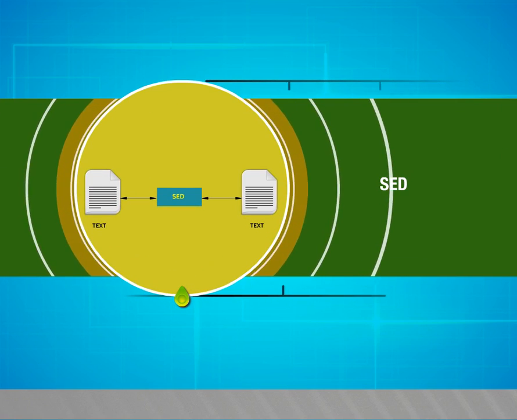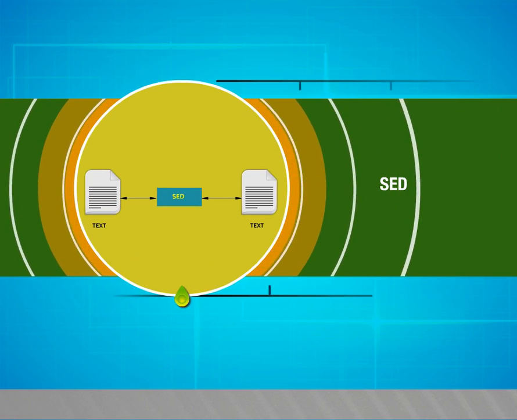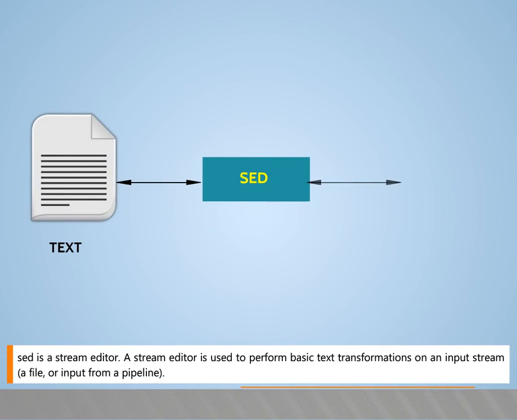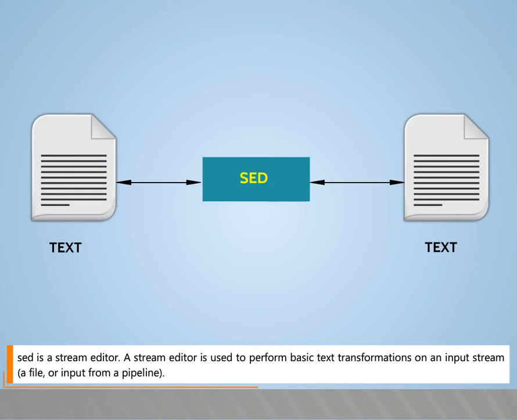sed. In this video, we are going to see about sed. sed is a stream editor. A stream editor is used to perform basic text transformations on an input stream, that is, a file or input from a pipeline.